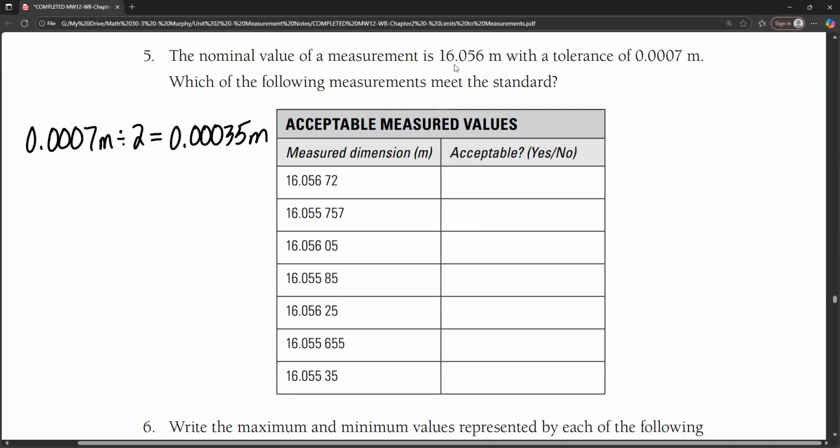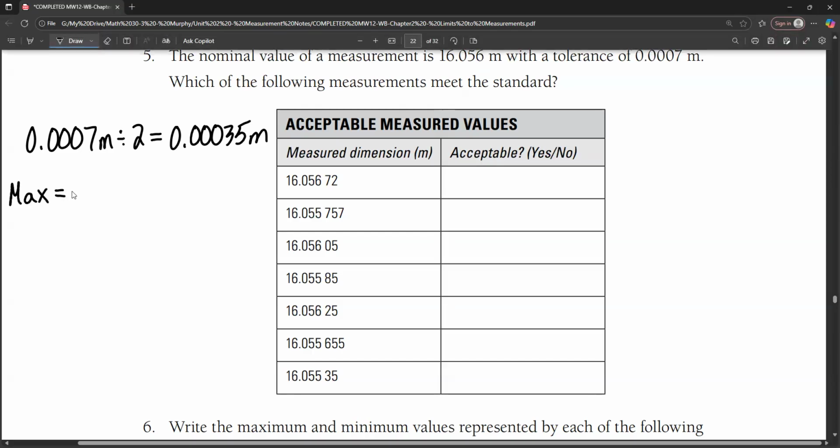16.056. So what that means is for our maximum, we're going to add, and our maximum comes out to 0.5635.